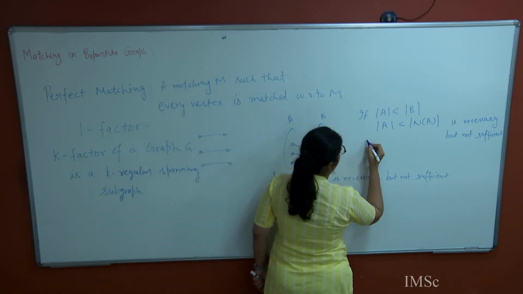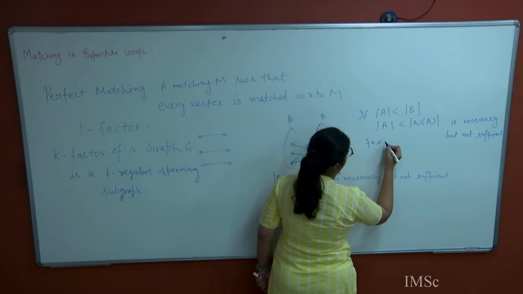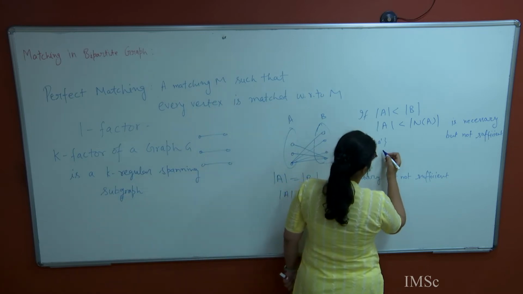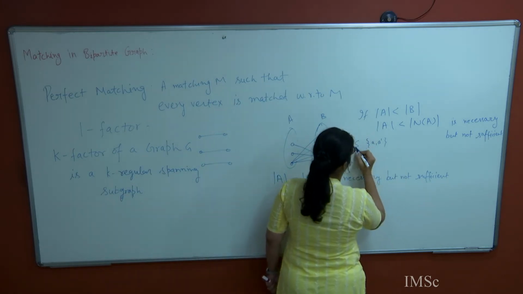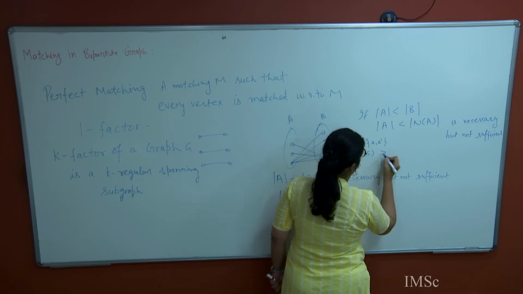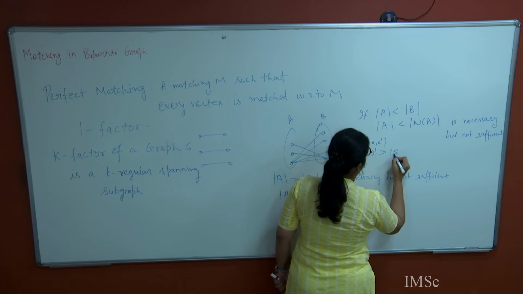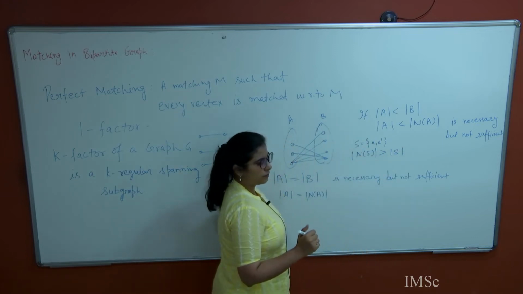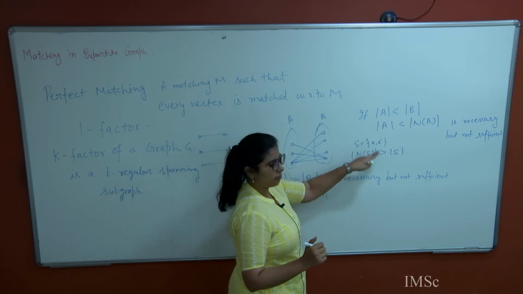If we say that for one vertex at least one neighbor is there in B, right. If I say that for two vertices A and A prime in the set A, with neighborhood, say S, if the neighborhood of S has more vertices than S, so can we match it?